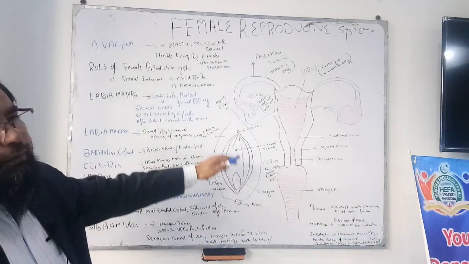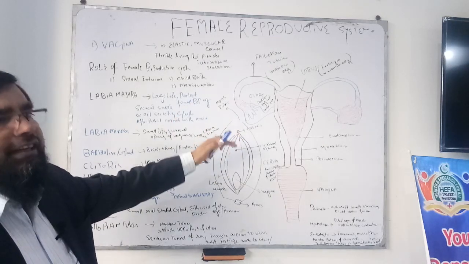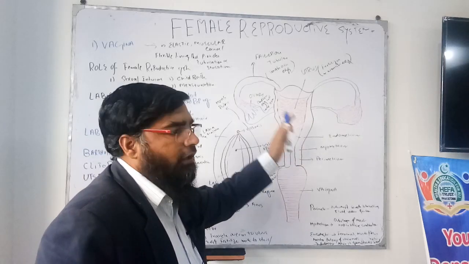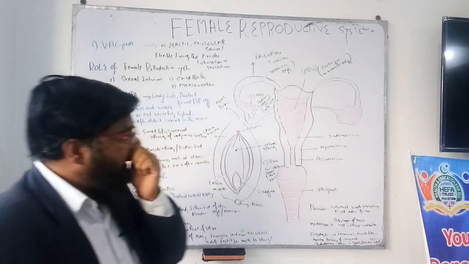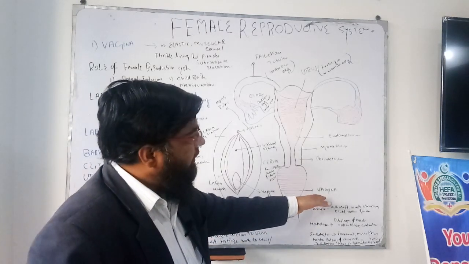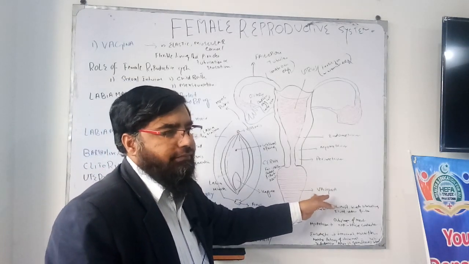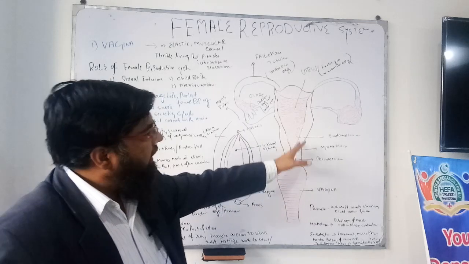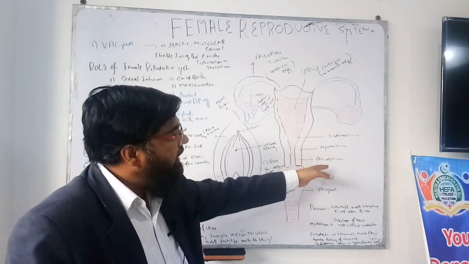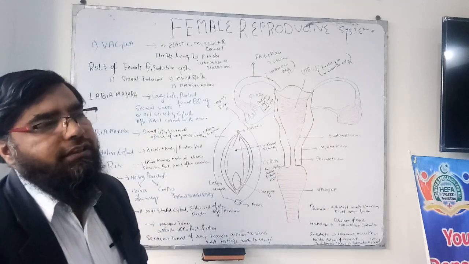So this is all about the external area. Now we go to the inner view. We have discussed only a few things here. First, the vagina. The wall contains three layers.